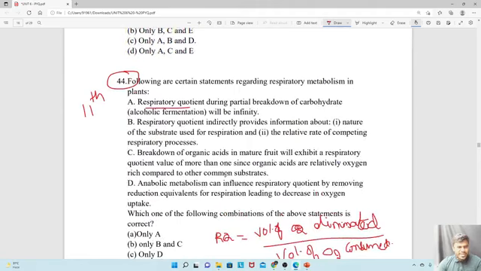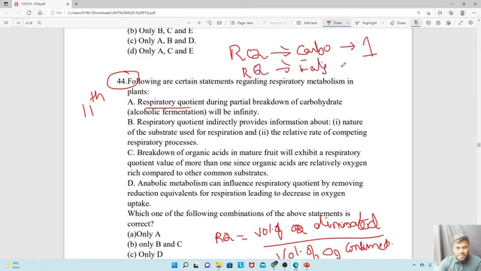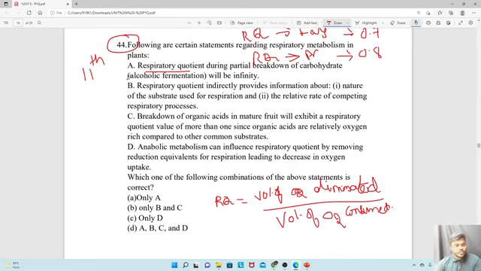We studied many times, friends. I will just write the values for the carbohydrates and everything. Respiratory coefficient for the carbohydrates, how much is it, friends? It is approximately 1. Whereas respiratory coefficient for the fats is approximately 0.7. And what is the respiratory coefficient for the protein? It is 0.8. Okay, so remember these three and try to answer the question now.